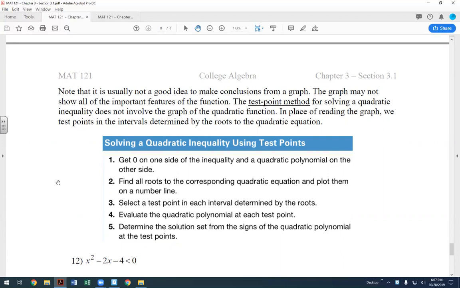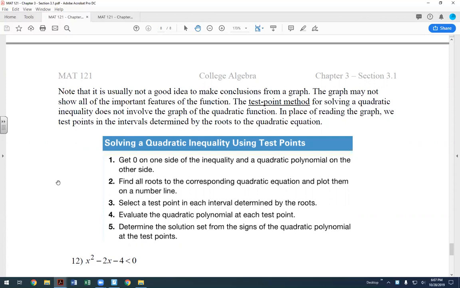Once we have our intervals separated by the roots, from each interval we pick a test point. That's like a representative point for that interval. And we try and see for which interval our function is going to be positive, and for which interval it is going to be negative.